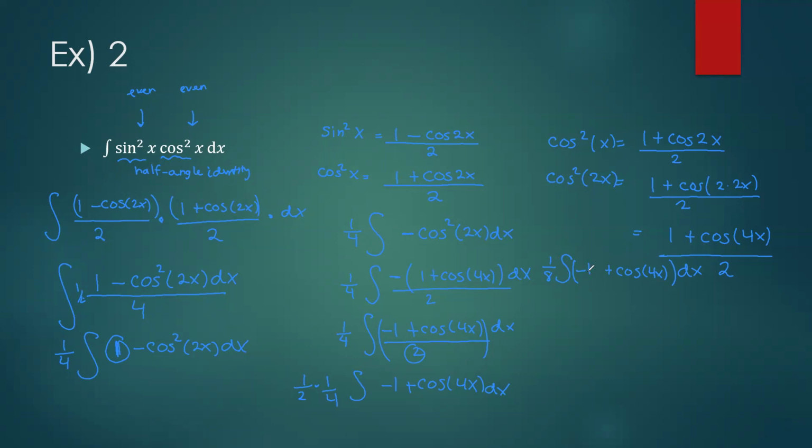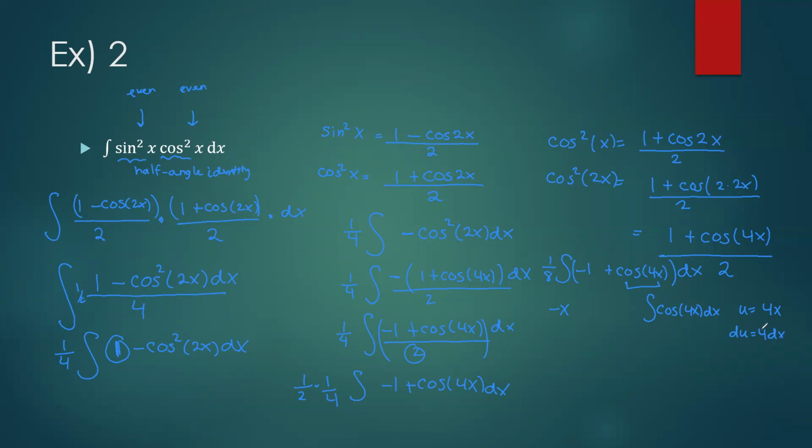So we know the integration of -1 is -x, right? What is the integration of cosine 4x dx? If you want, you can write it out as cosine of 4x dx. And then my u substitution would be 4x. So my du would be 4 dx.